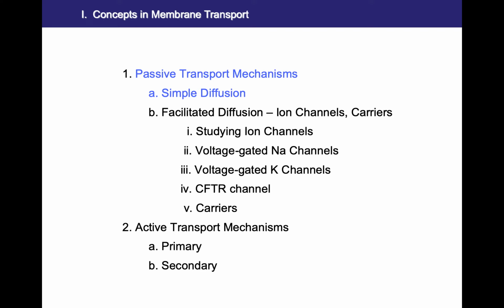We're going to start with passive transport, but specifically simple diffusion. So in this case, it really doesn't need a protein. These molecules can move across the plasma membrane without a protein. Usually these are more hydrophobic molecules. I will get to that in just a second.